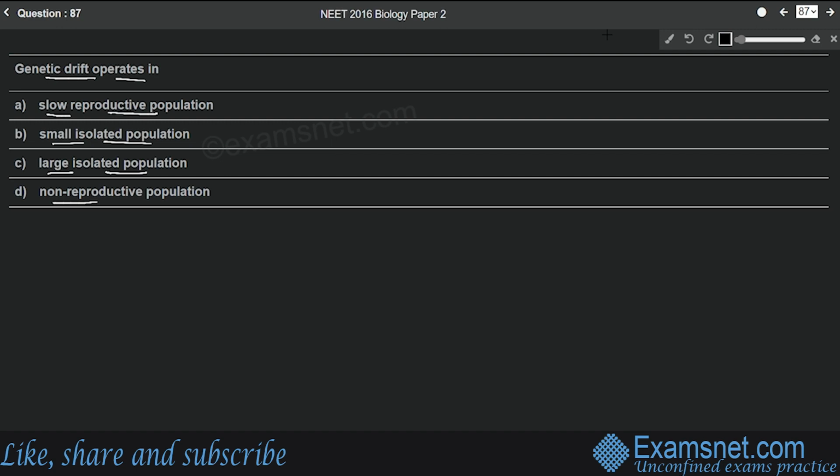Genetic drift is the random change in the allele frequency of a small population. Okay, small and isolated population. Therefore the correct answer will be option number B. So this is a direct, definition based question.